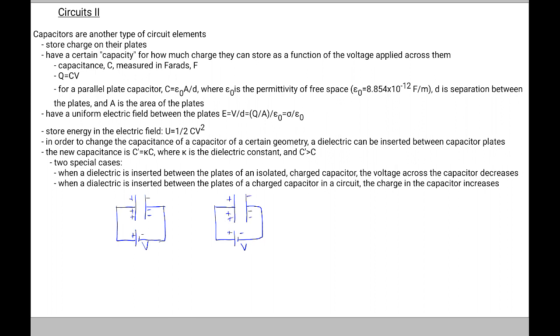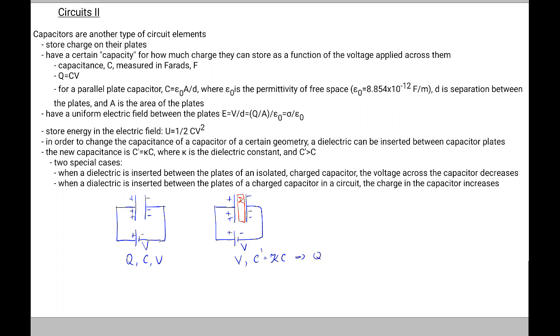In the first scenario, I have Q, C, and V. In the second scenario, the thing that stays constant is V. We know that C prime is kappa C. So what happens to the charge?